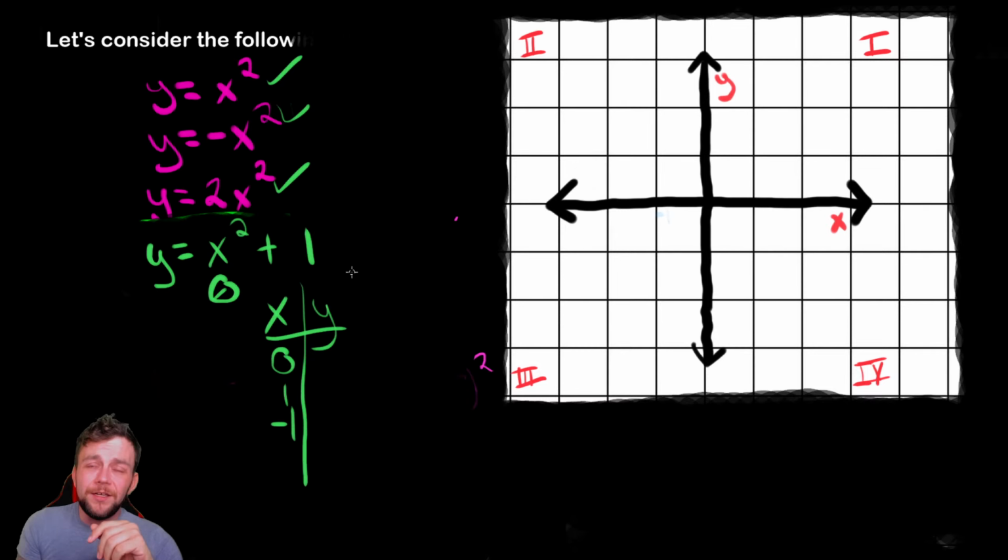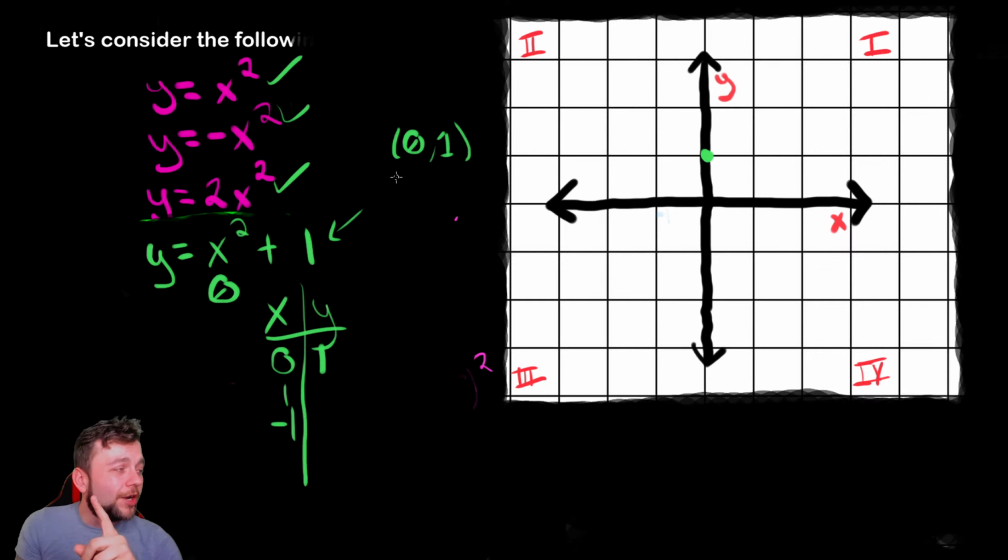It rises up above to a 1. So 0 squared is 0, plus 1 is 1. So our answer is 1. So our new starting point for this graph is at the ordered pair 0, 1.